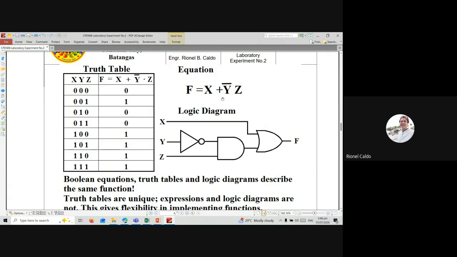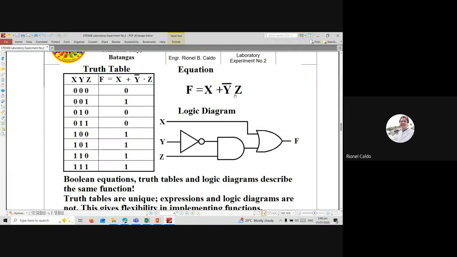And then as you can see here, sabi ko sa inyo, kapag nakakita ka ng plus, ibig sabihin nun, OR gate yon. Kapag nakakita ka ng overbar, ibig sabihin nun NOT gate. At kapag nakakita ka ng dalawang variable na magkatabi na walang operation in between, it could be multiplication. So ibig sabihin, AND gate, ito ng Y bar at saka ng Z. Remember, yung representation ng NOT gate natin, we use this symbol.